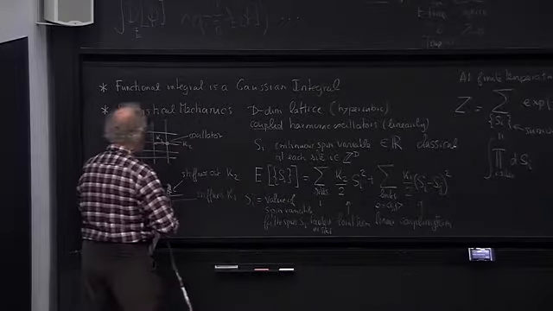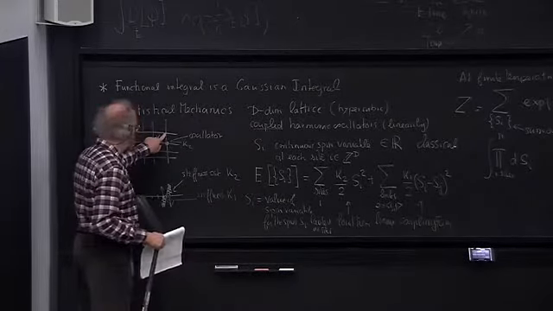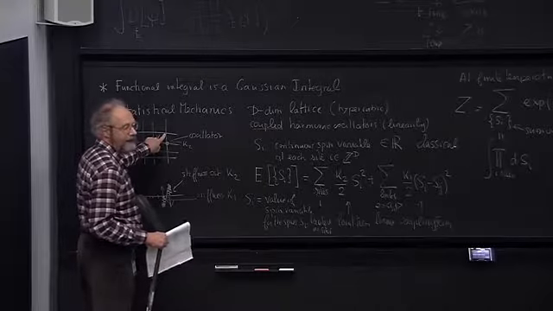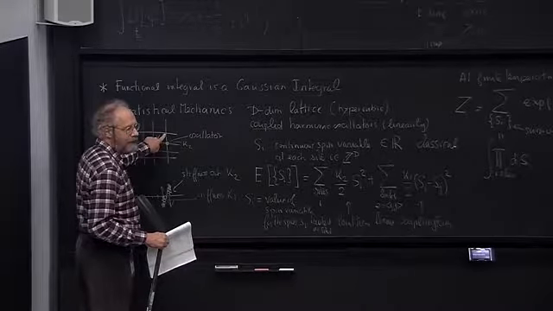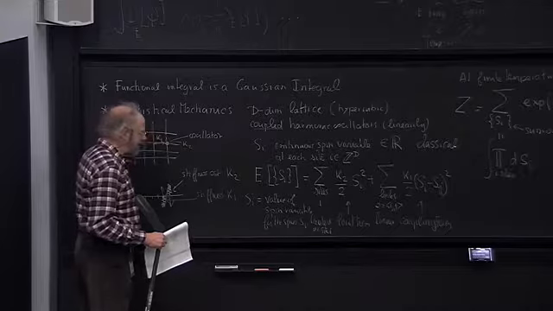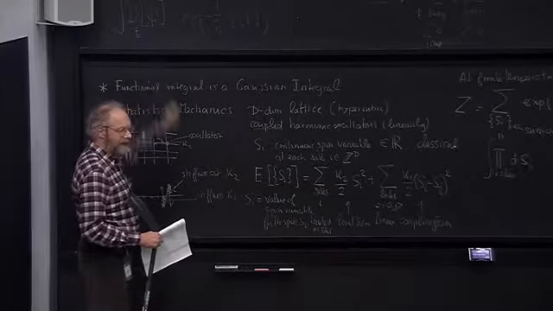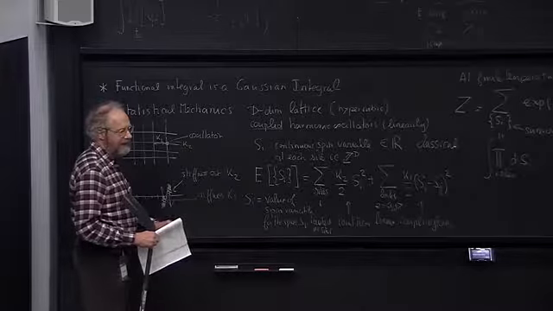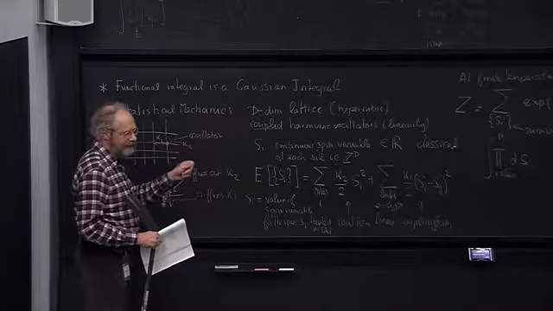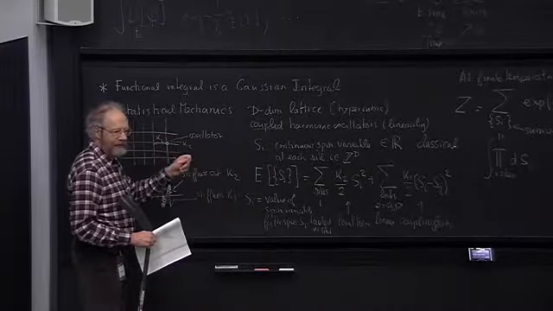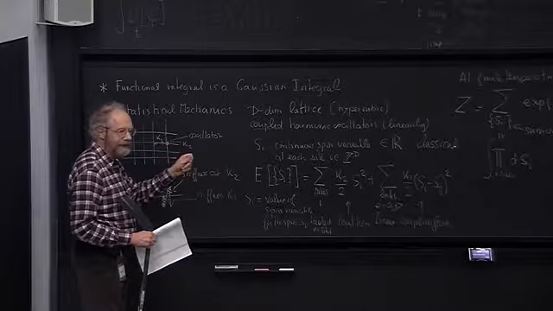So if this was an Ising model, at each site you would have a local spin taking value plus or minus 1. Here it's exactly the same model, except that the spins take values between minus infinity and plus infinity. So instead of having discrete Ising spins, I have continuous spins. That's the only difference.